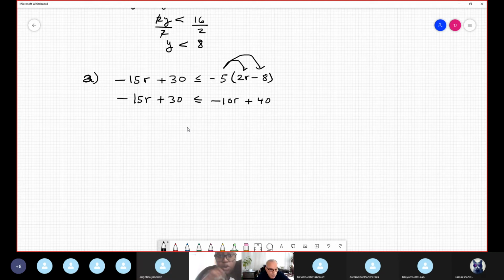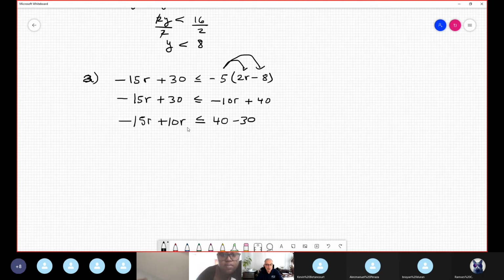You move your variables. And the negative 10R will become positive, on the left-hand side. Super. And what about 30 and 40? 30 will become negative. And 40 will stay the same. Exactly.